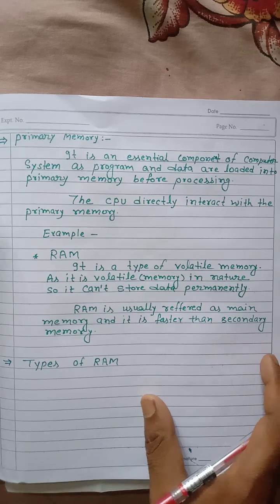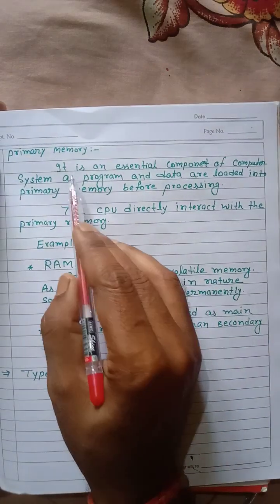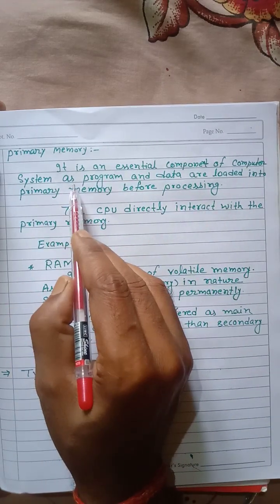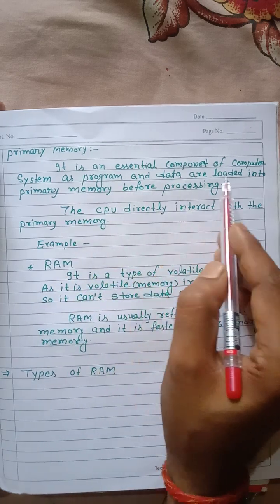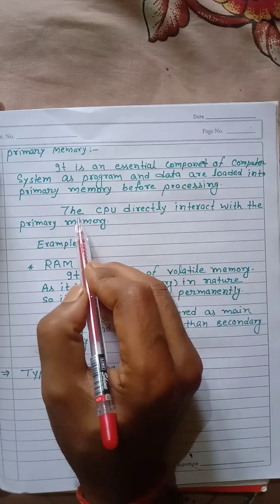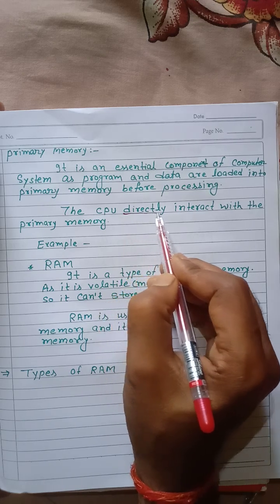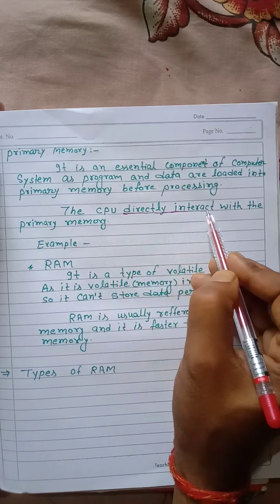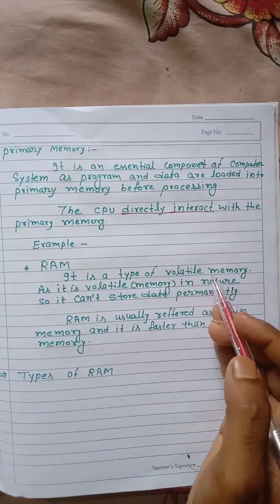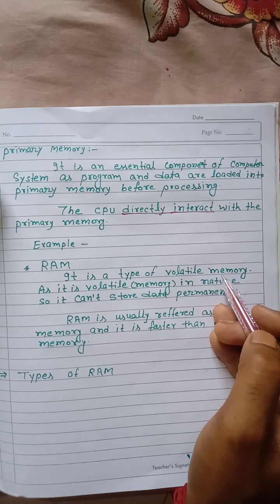We also prepared some definitions for primary memory. Primary memory is an essential component of the computer system, as programs and data are loaded into primary memory before processing. Second point, the CPU directly interacts with primary memory. So we can say that primary memory is the main memory of the computer system.